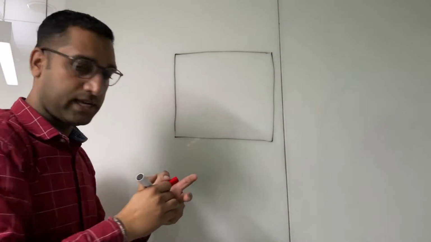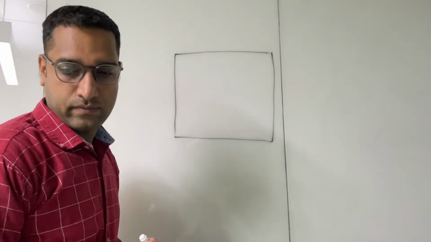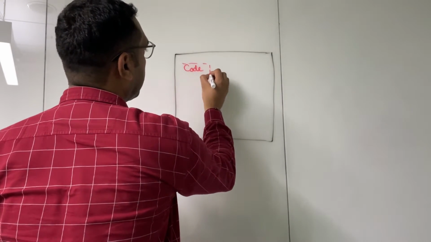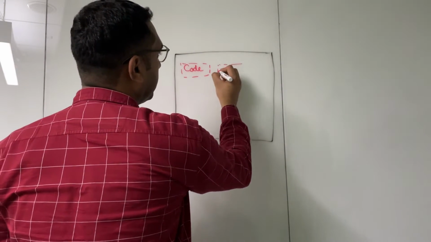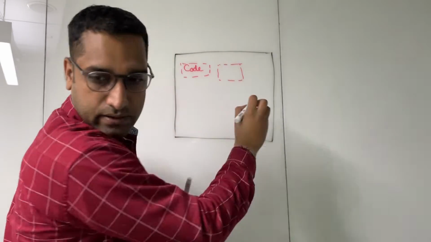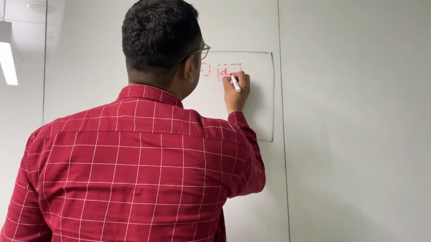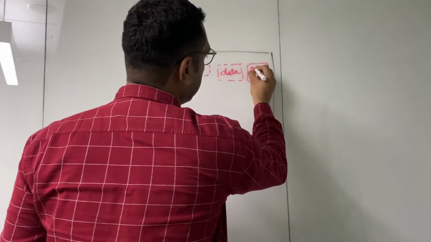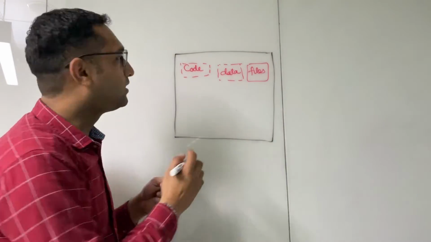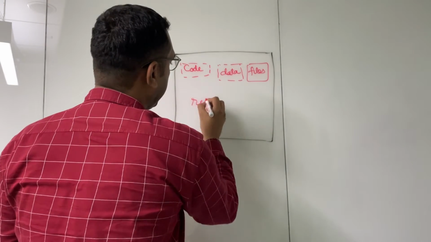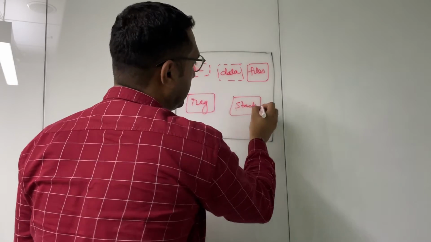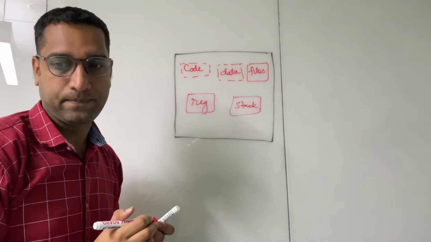If this is the process, then it has code, it has its own data, it has its own files, it has its own registers, and it has its own stack. Let's say this is what a process looks like.